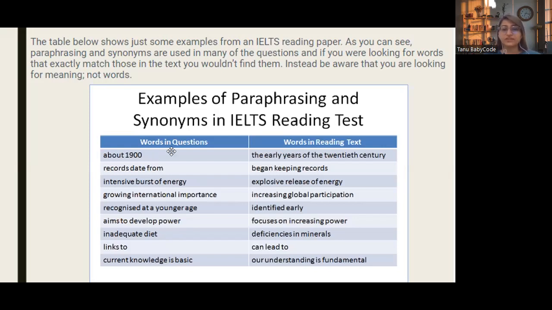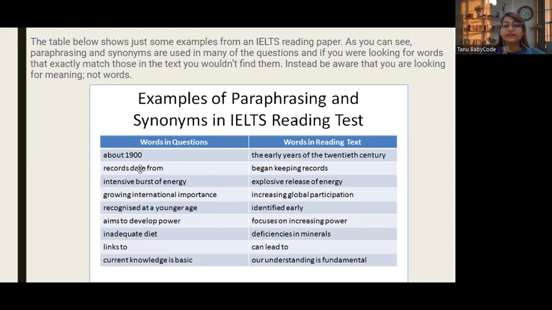See here, the words in the question are about 1900, but in the reading test, the early years of the 20th century. You may get confused between these.